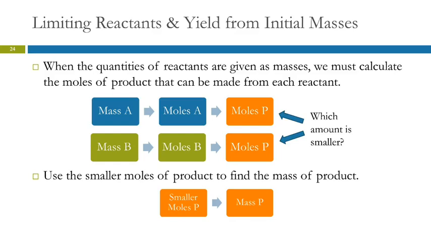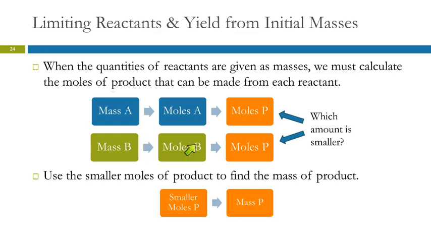So now we're going to apply that to chemical equations using masses and moles, and it can get a little confusing. You can lose sight of the big picture. This is how your book explains to do it, and it is correct. It's just not the way I like to do it. So they say, well, you've got a mass of A and a mass of B. So calculate mass of A to moles of P, the product, and then just hang out there.